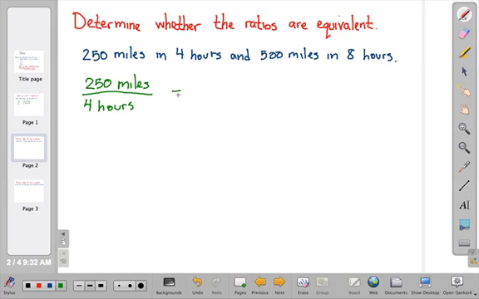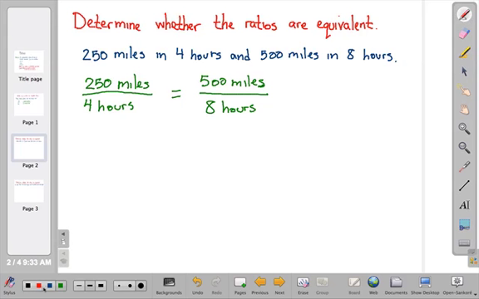So I'm going to put an equal sign here. My first ratio I set up as miles to hours. So my second one I'm also going to set up the same way. 500 miles over 8 hours. Always like to go back and check. This is miles over hours. This is miles over hours.